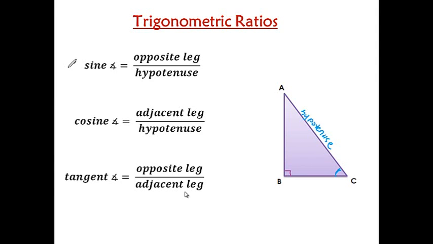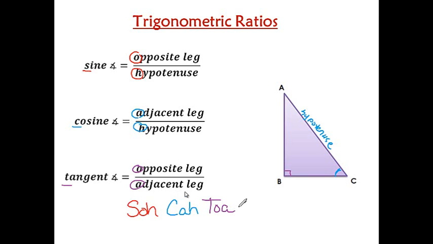There is an easy way to remember all of this information when working with these trig ratios. It uses the first letter of the ratio and the first letter of each specific side in the ratio. When you put that all together, we get SOHCAHTOA.